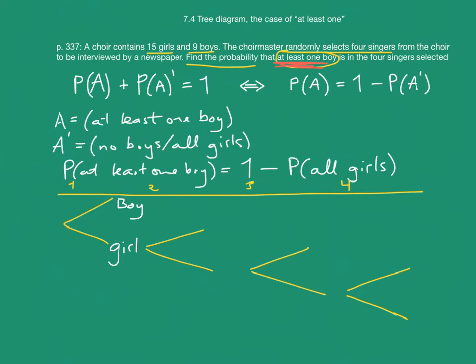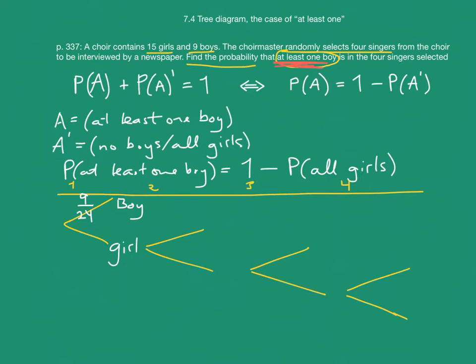So now we want to look at the probability that our first choice is a boy. So how many boys are there? Well, there are 9 boys, and there are 24 singers altogether. So the probability that the first pick is a boy is 9 out of 24.